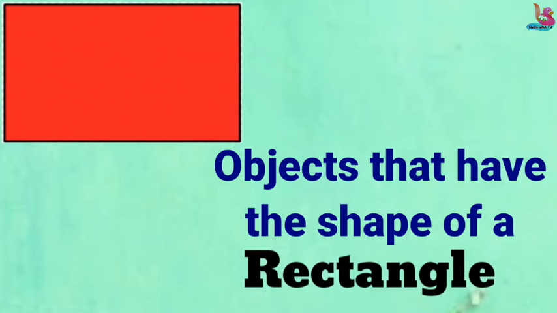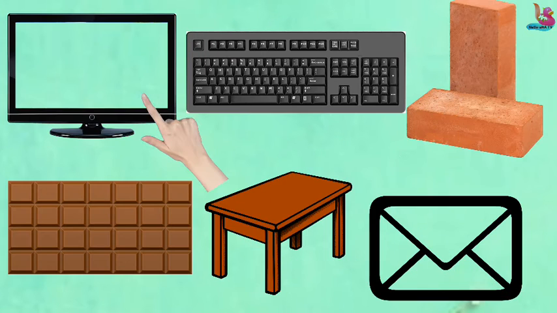Rectangle. Can you say that? Again, rectangle. Objects that have the shape of a rectangle: television, computer keyboard.